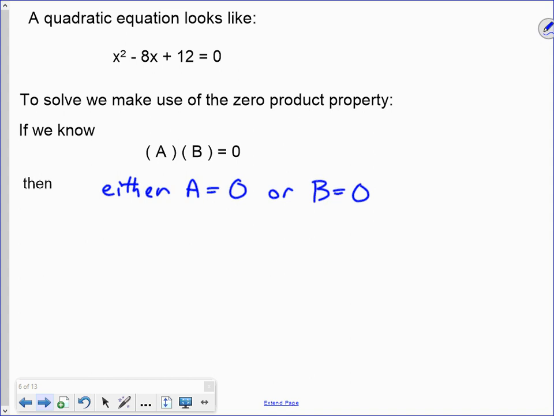So we want to get our quadratic equations into this form where they are written as something times something else. This is our factored form. And then whatever makes one of the factors equal to 0 is going to be a solution to our equation.